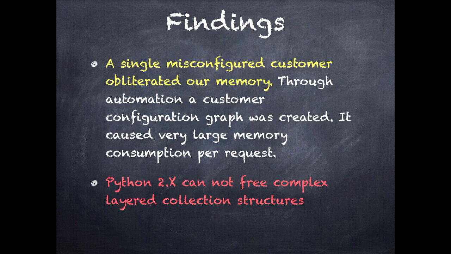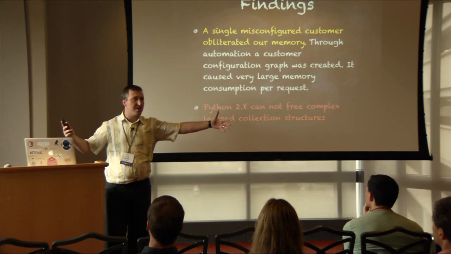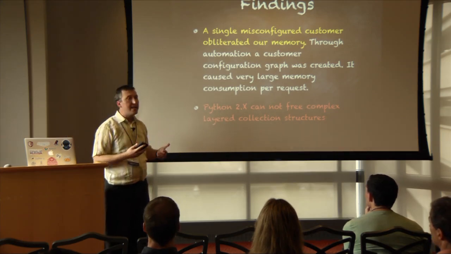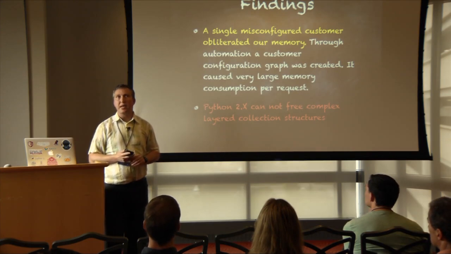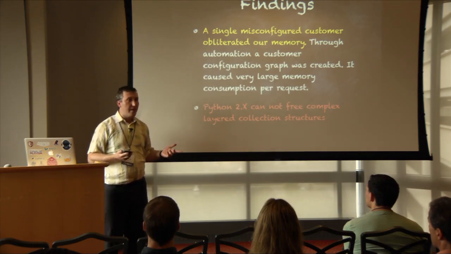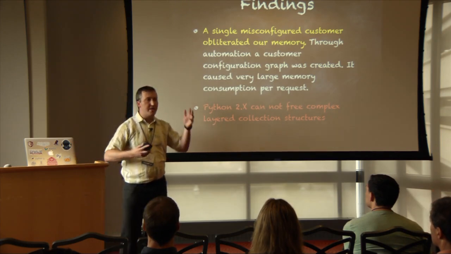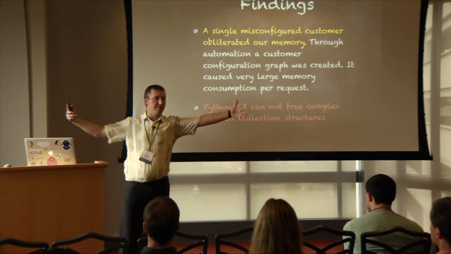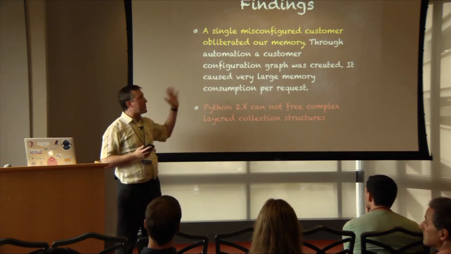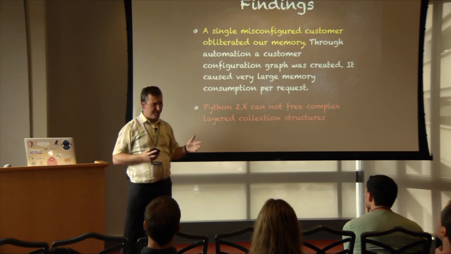We had certain automation going underneath that, when you configure the customer, created this massive graph that it was not supposed to create. So when we fetched certain information, it literally would get a gigabyte of data out of the database per single request, right? Essentially you have different configurations linking themselves to each other, so you get this thing that you were not supposed to have in configuration, and we end up having this massive amount of data.